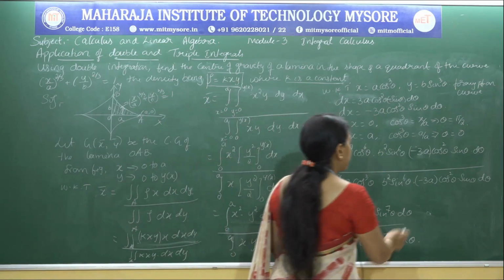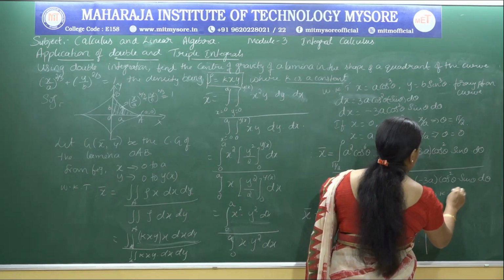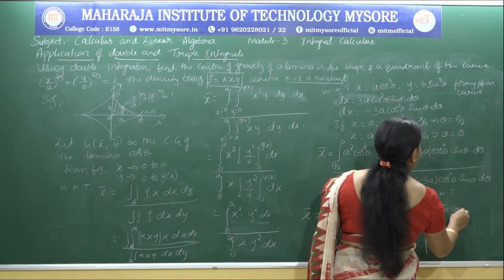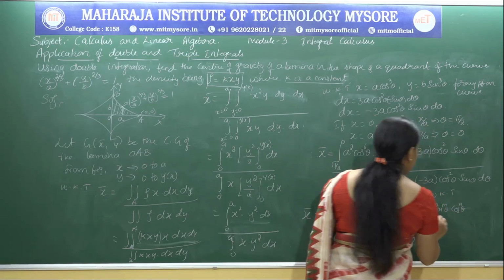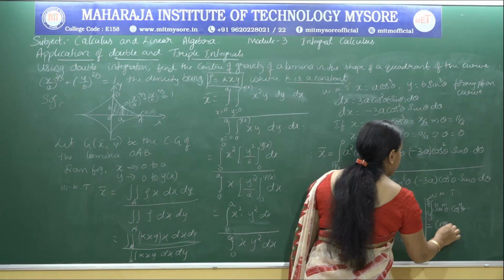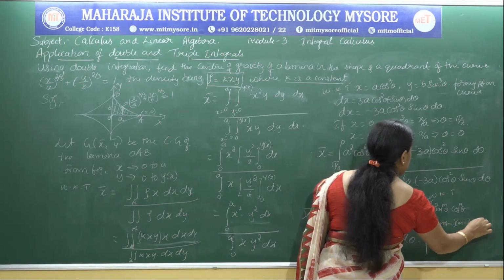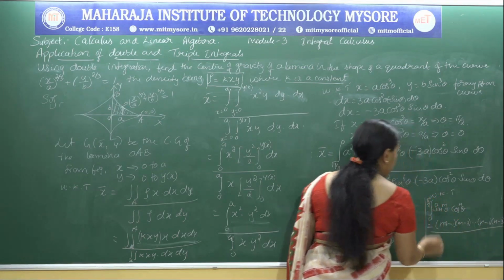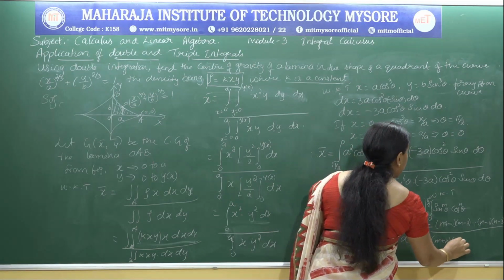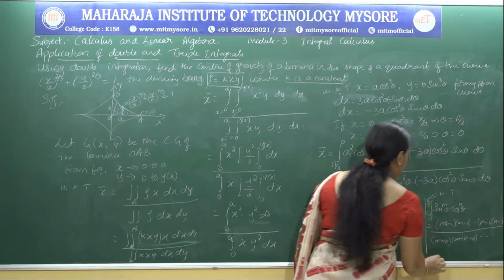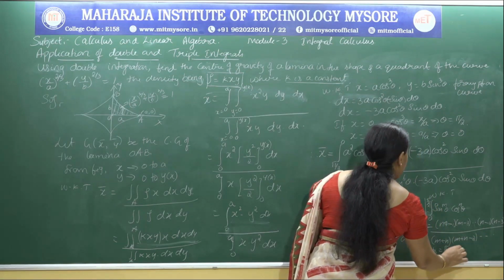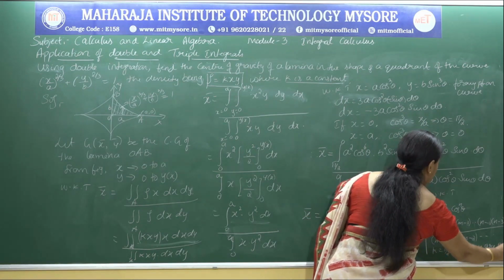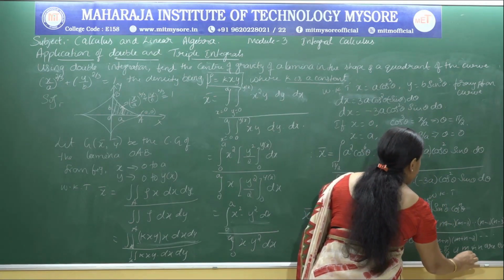We know that the integral 0 to pi by 2 of sin to the power of m theta into cos power n theta is given by (m minus 1)(m minus 3) and so on, into (n minus 1)(n minus 3) and so on, times k, whole divided by (m plus n)(m plus n minus 2) and so on, where k is pi by 2 if m and n are both even, and 1 in other cases.